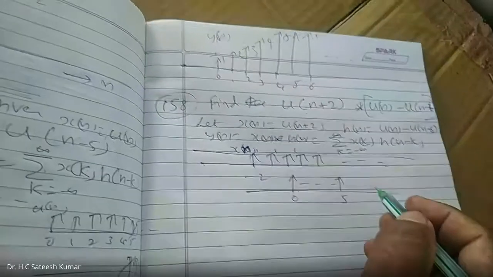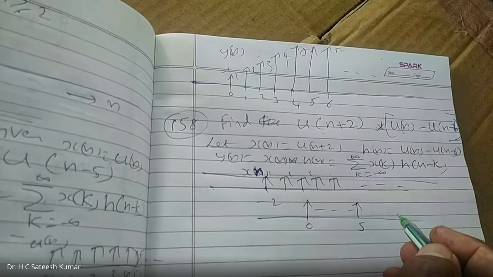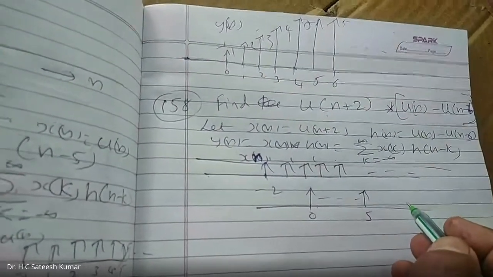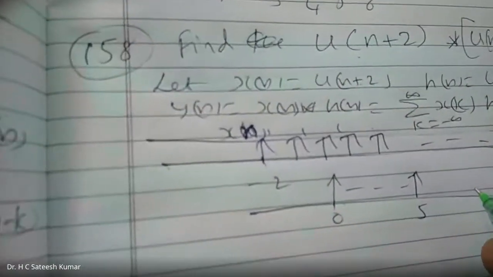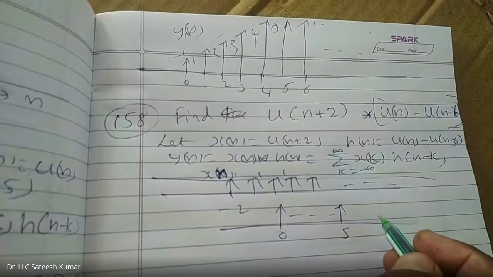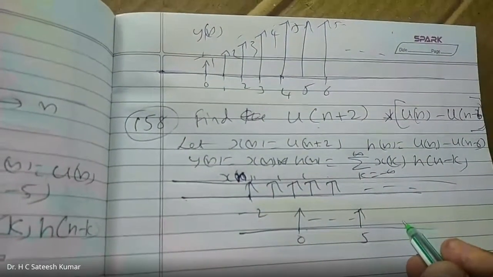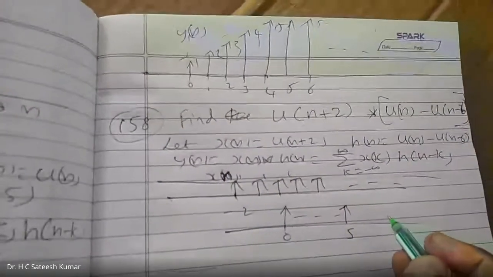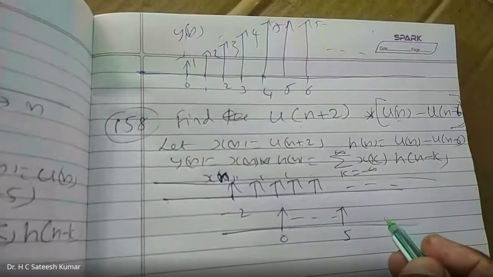Sir, it is not visible. Not visible? One minute. There may be a signal problem. Check it. Visible. Sometimes there may be a data problem in your mobile also.